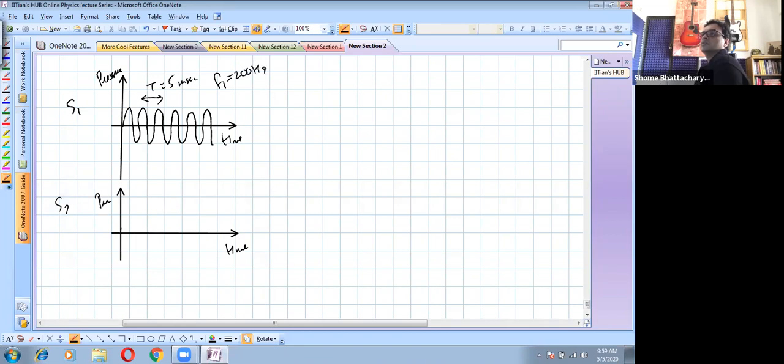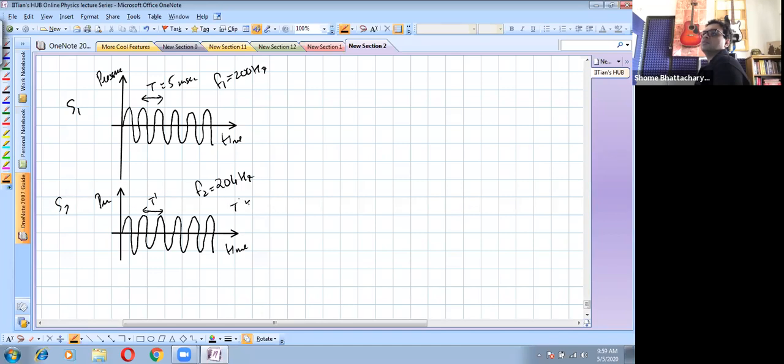204 hertz. So from source S2 also you are getting a very similar kind of sound. There also the time period is nearly the same. Frequency is 204 hertz. So this time period, it says T prime.